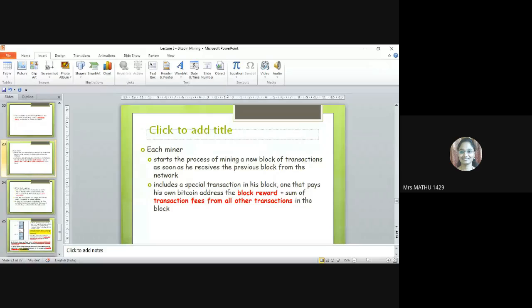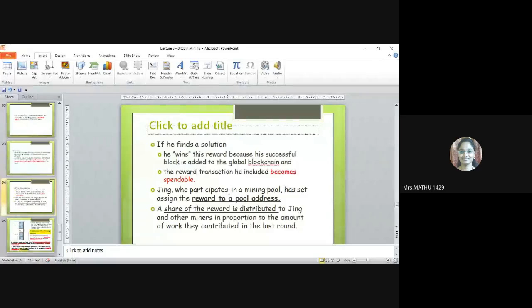So all those transaction fees will be given to the miner. The amount that he is gaining as reward will be added to his account or address as a spendable amount. So the Bitcoin that he has received is added to his account, and he can spend it for any other purpose.